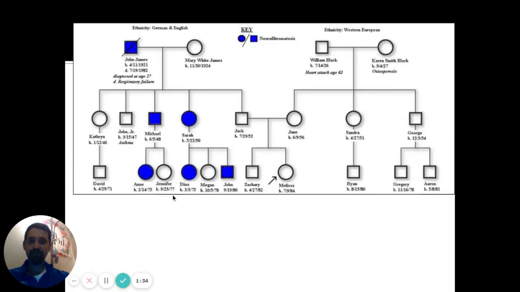Here's another example of that for a particular disease, neurofibromatosis. And it looks like this individual, John James, had that disease. He and his wife had 5 children, and 2 of them inherited that particular disease.